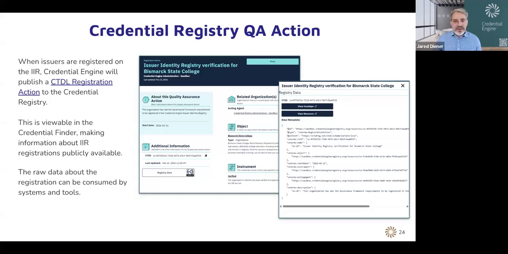Anyone can use our Credential Finder app, that's what you're seeing here on the screen, to find this information. So again, publicly available. The raw data about the registration action can also be consumed by systems and tools, and you can see that on the screen here on the right.